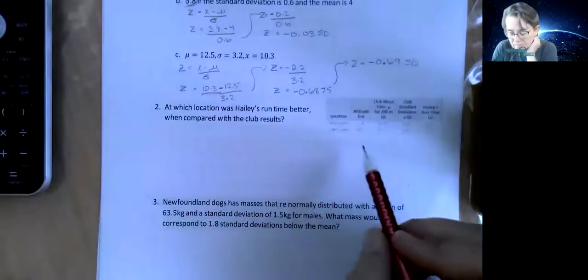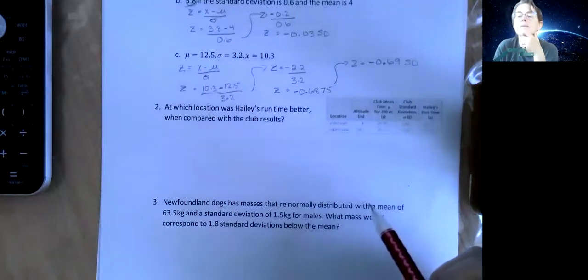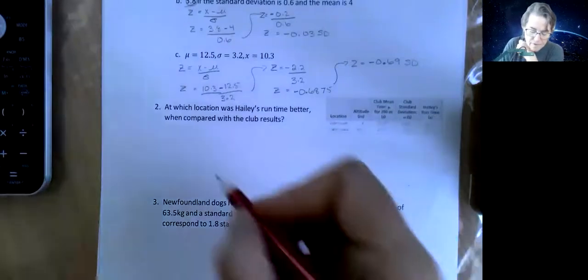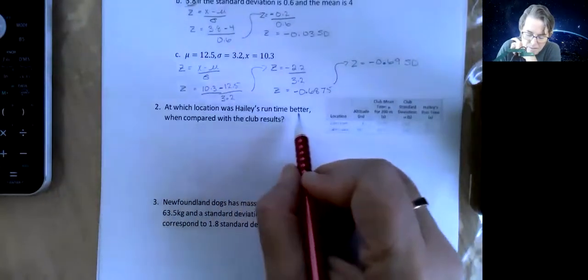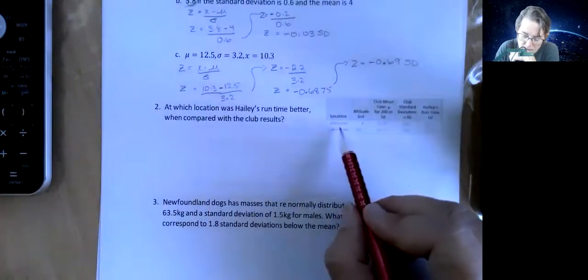All right. Hope you guys can see that. I think I will fix your sheet so that that's typed in as opposed to squinting your eyes like mine. At which location was Haley's run time better when compared to the club results? So we're running in Vancouver and Lake Louise.